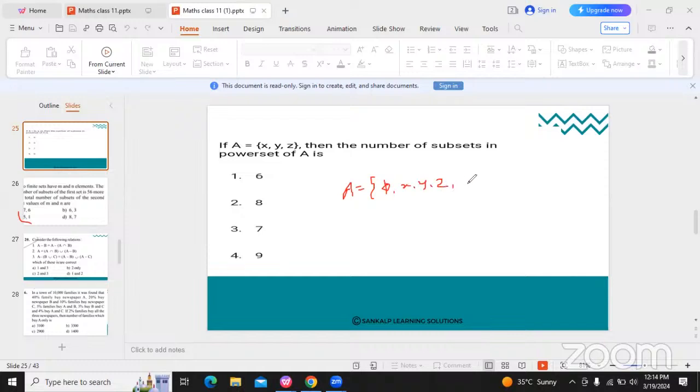Next will be {x, y}, then {y, z}, then {x, z}, then the complete set, that is x, y, and z. So this is the complete set. 1, 2, 3, 4, 5, 6, 7, 8. Total 8 are there here. So answer 2 is the correct option.